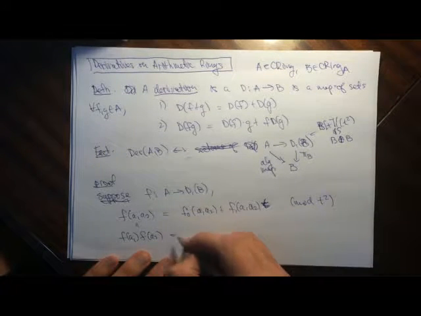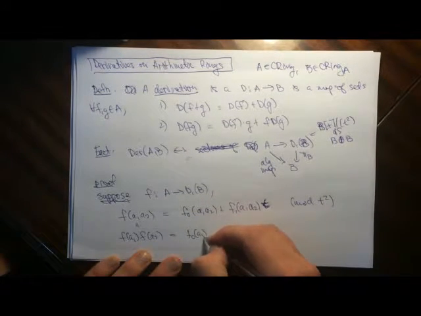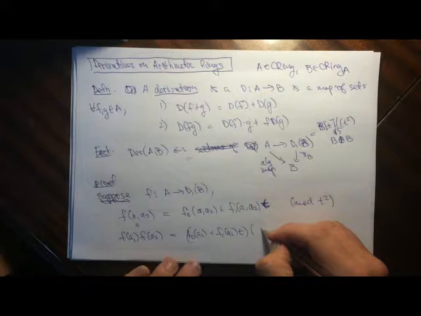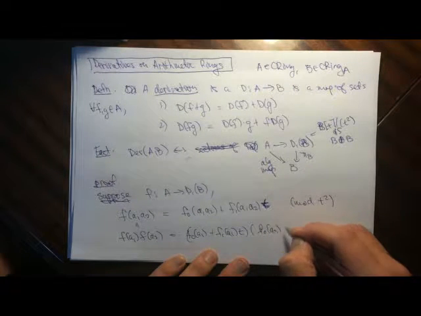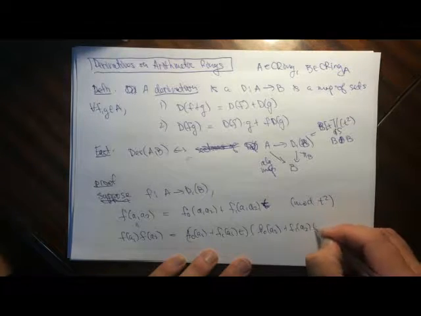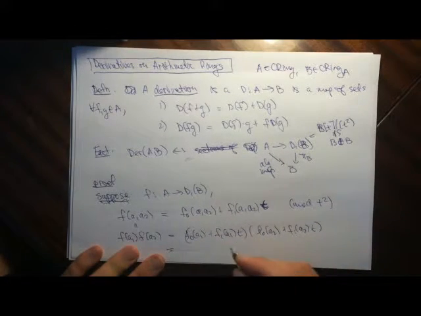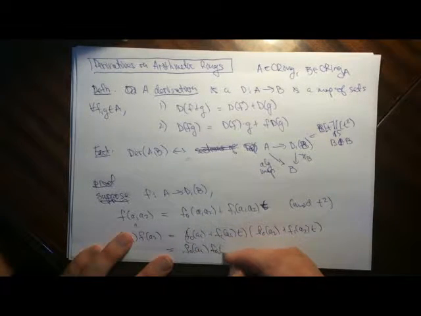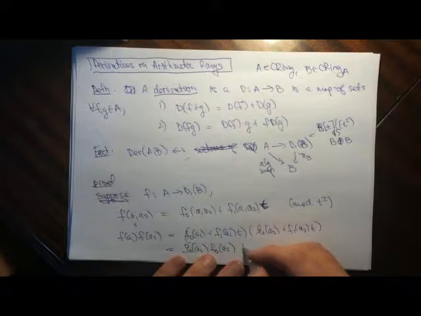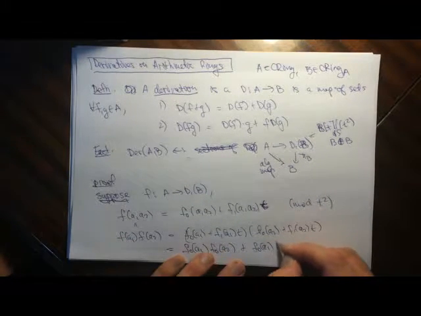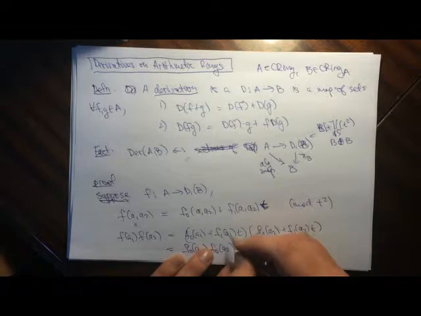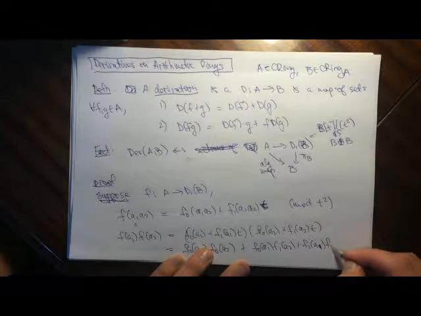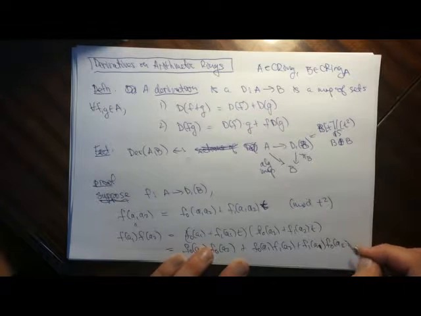And so now I can rewrite this: f0 of a1 plus f1 of a1 t, times f0 of a2 plus f1 of a2 t. Since this is mod t squared, I can multiply this out: f0 of a1 f0 of a2, plus f0 of a1 f1 of a2 plus f1 of a1 f0 of a2, times t.